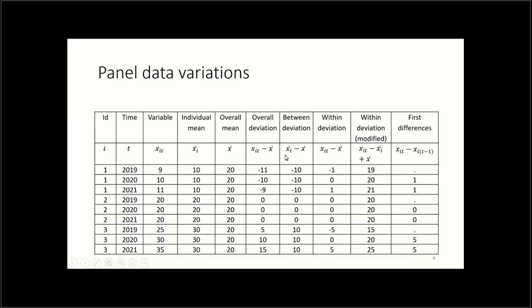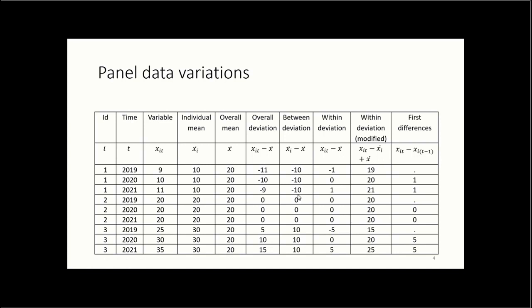Now for the between variation, we would be picking up the individual mean minus the overall mean. So we would have this minus that is here, this minus that is here, and so on. Notice that for the between variation, we actually don't have any variation over time. Why? Because we don't consider the variation over time.